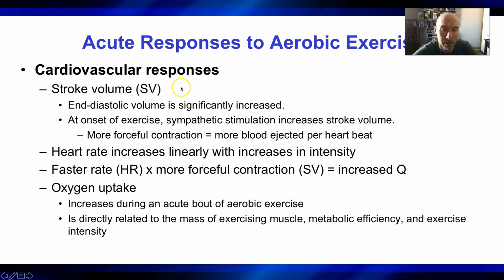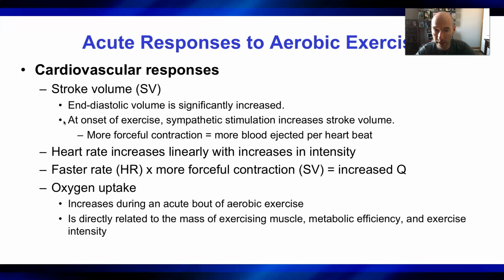The other variables, or the sub-variables, right? If cardiac output increases, then naturally you would expect that heart rate and stroke volume would increase, and they do, okay? So the heart is a muscle, right? During exercise, the sympathetic nervous system, and I'm actually on this bullet point here, the sympathetic nervous system is going to act on the heart to make the heart muscle contract more forcefully, okay? So the heart is beating less forcefully at rest.